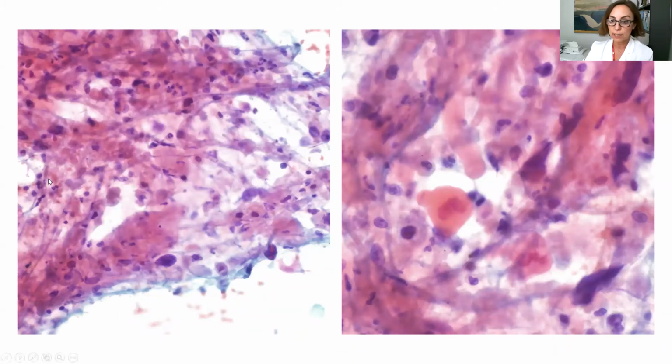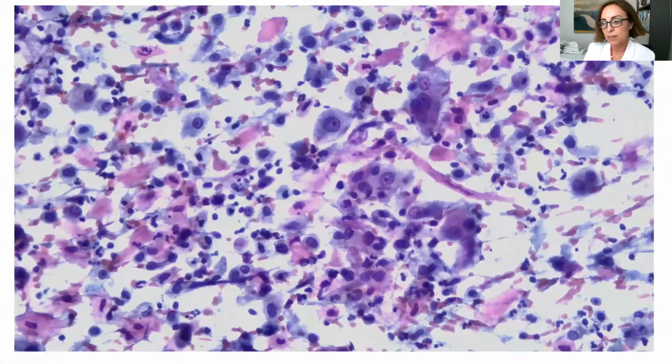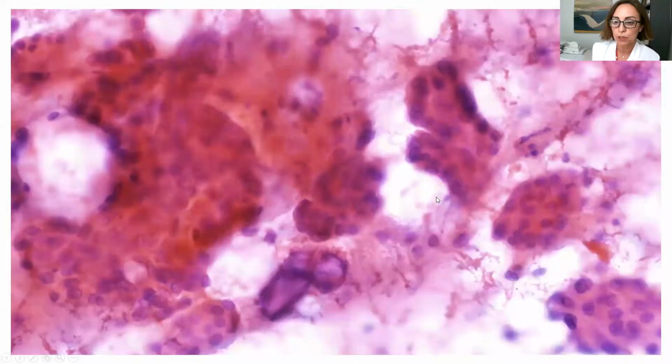Sometimes also, like here, it's very easy to diagnose a squamous cell carcinoma with these keratotic cells, the necrosis, and the more poorly differentiated squamous cells, so there is nothing to say about this. Here is another nice example of a squamous cell carcinoma with many variations among the tumor cells, which is typical for these tumors.